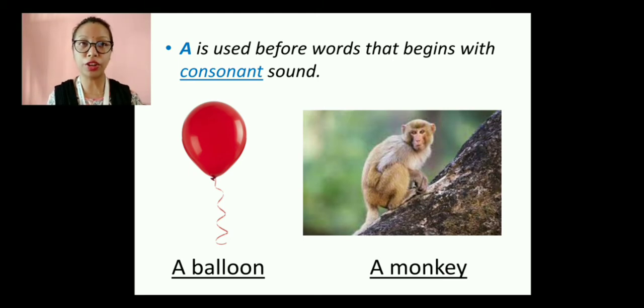We use the article a. Then the next picture is a monkey. We use the article a because M itself is a consonant and the sound produced is also a consonant sound. Therefore, we use the article a.